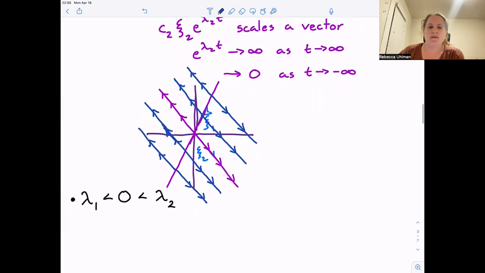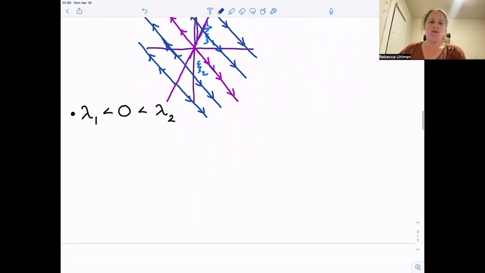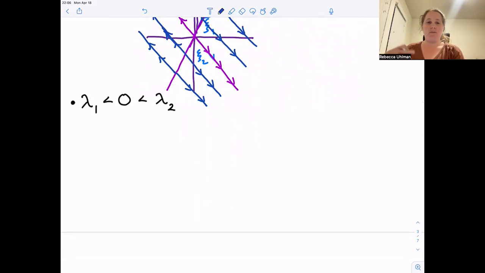This is the last case where it's completely new. The following cases will just be mirroring what we just did on the positive values for negative eigenvalues. So our next case will be the case where lambda 1 is negative and lambda 2 is positive.